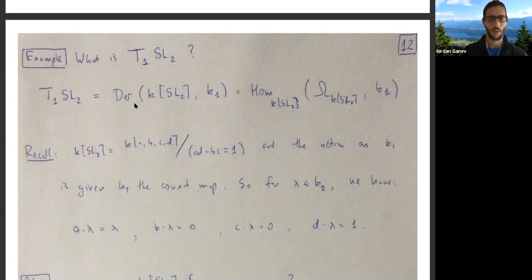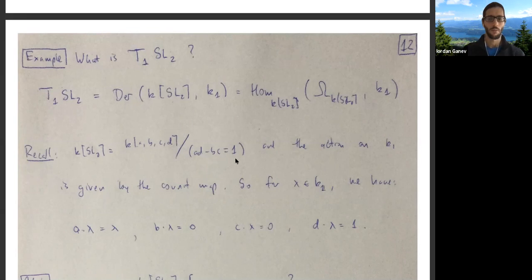Just to recall, the affine algebra of SL2 has 4 generators, and there's a single relation. It's a quotient of the polynomial algebra by a principal ideal, AD minus BC is equal to 1, or maybe it would have been better to write AD minus BC minus 1. And the action on K1 is given by the co-unit map.